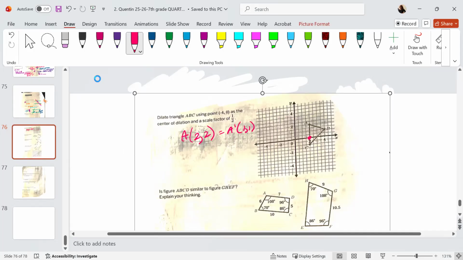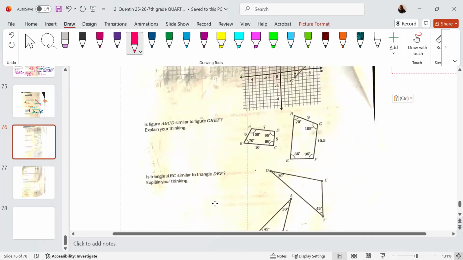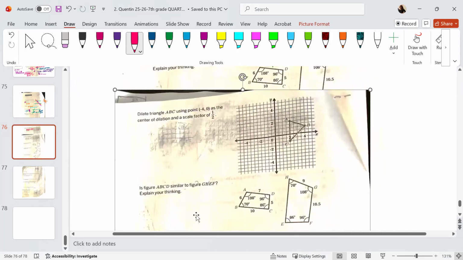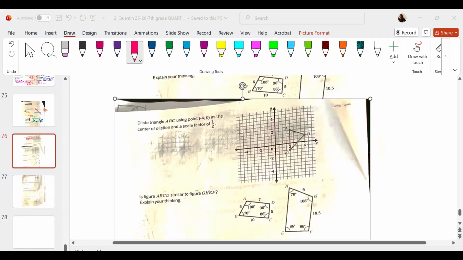Do you know how to do this one? Actually, let me see. Did she ever explain how to do dilation? Okay, then how do you do it? Dilation, making it very small.